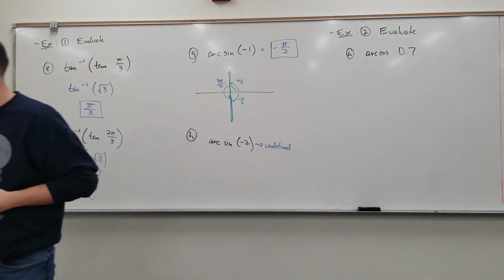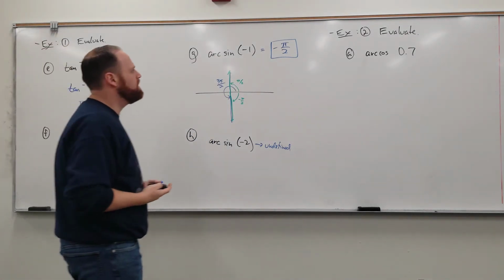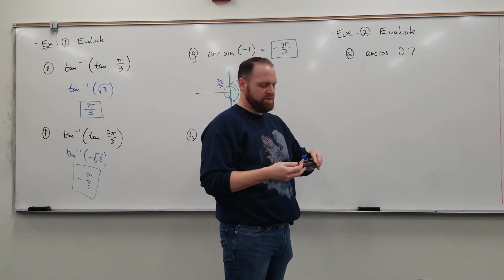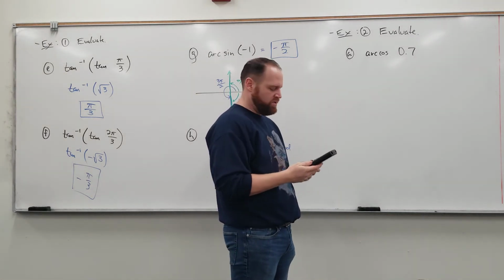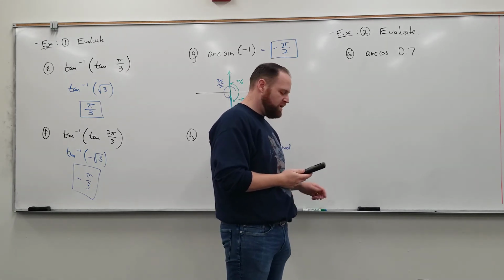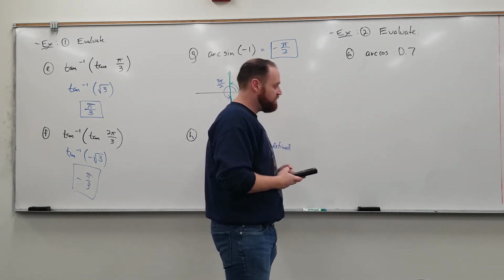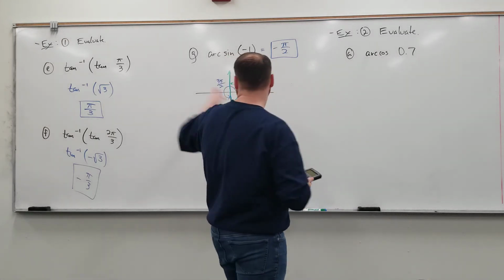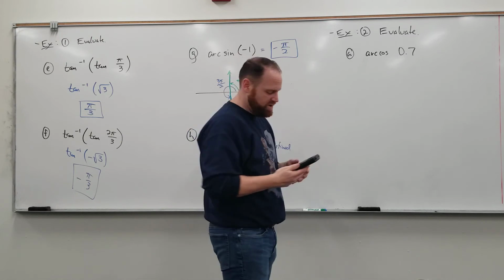The one thing you'll have to be careful of here is to make sure that you're in the correct mode: degree mode, radian mode, and all of that. In this section, they'll switch back and forth between degree mode and radian mode. But let's figure out arc cosine of 0.7. Let's give our answer in radians, since that's what we've been working with so far.